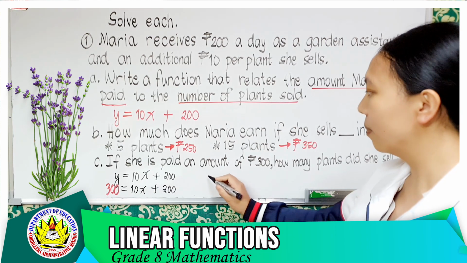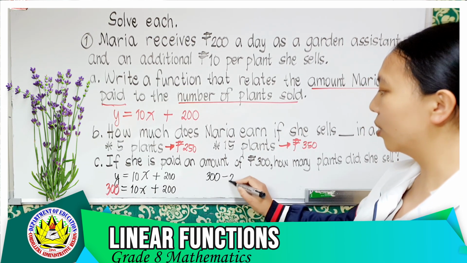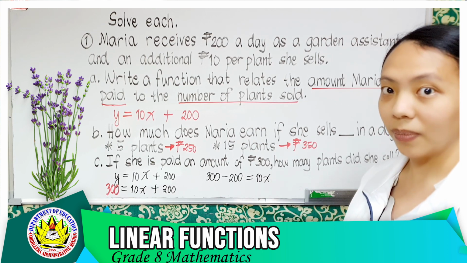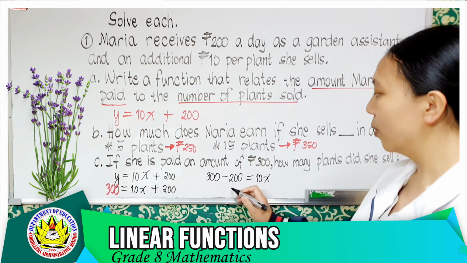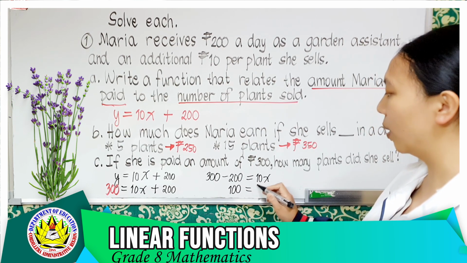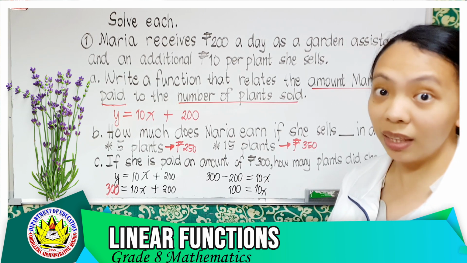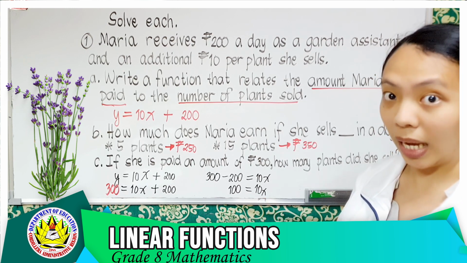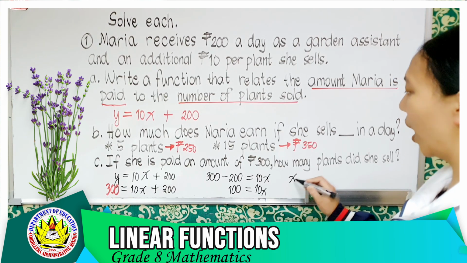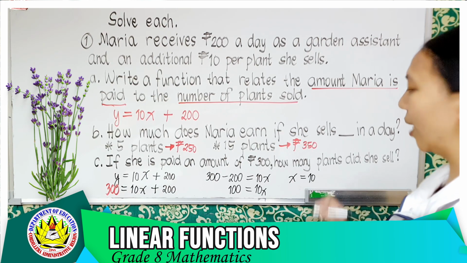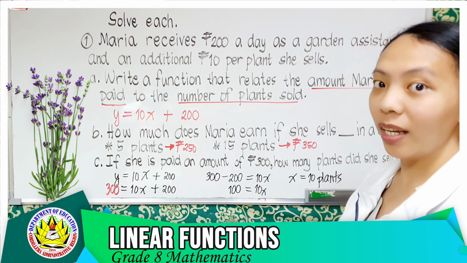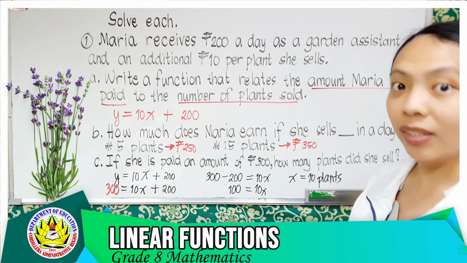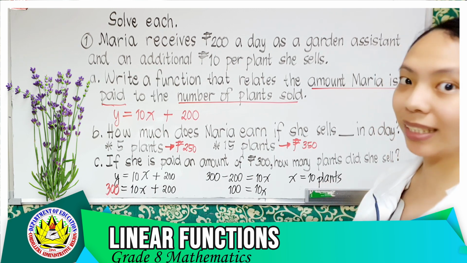So, we shall be having 300 minus 200 is equal to 10x. Let's simplify. This will give us 100 is equal to 10x. And to get the value of x, we divide both sides of the equation by 10. Thus, the value of x is equal to 10. Therefore, if Maria is paid an amount of 300 pesos, she had sold 10 plants for that day.